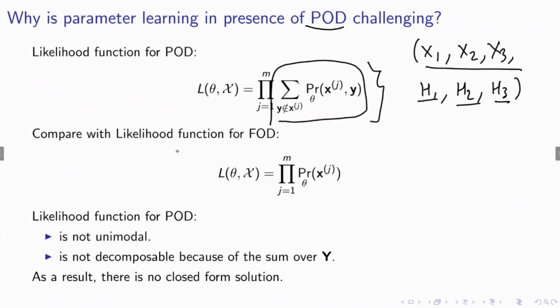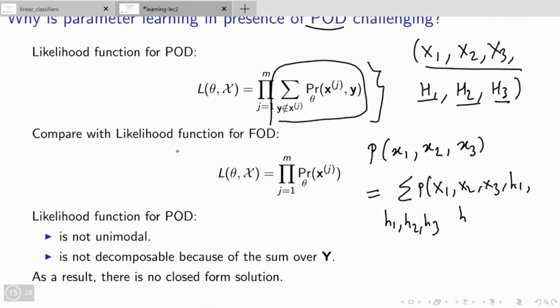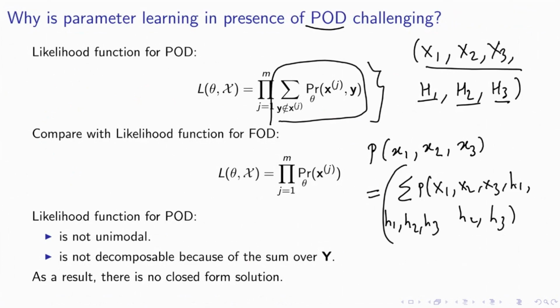To figure out the likelihood of a data point, say x1 equals small x1, x2 equals small x2, and x3 equals small x3, since the probabilistic model is defined over x1, x2, x3 and h1, h2, h3, to compute its probability we'll have to sum out h1, h2 and h3 from the joint distribution over x1, x2, x3 and h1, h2, h3.